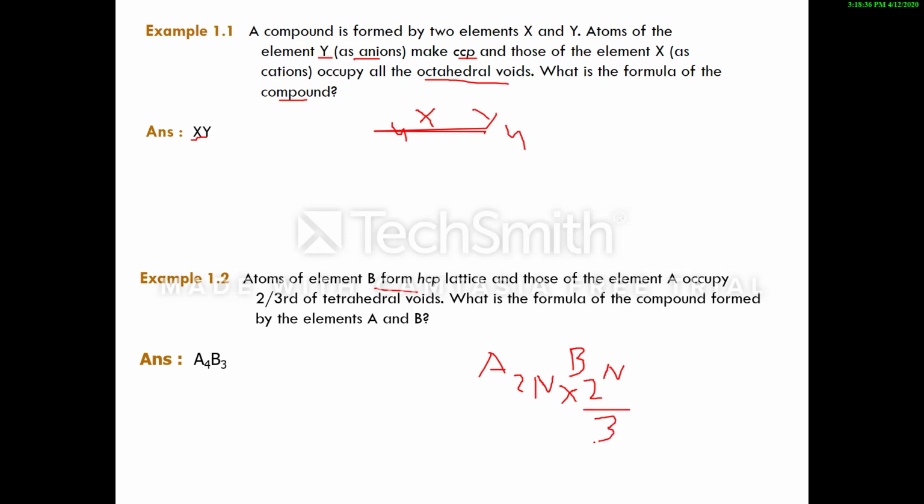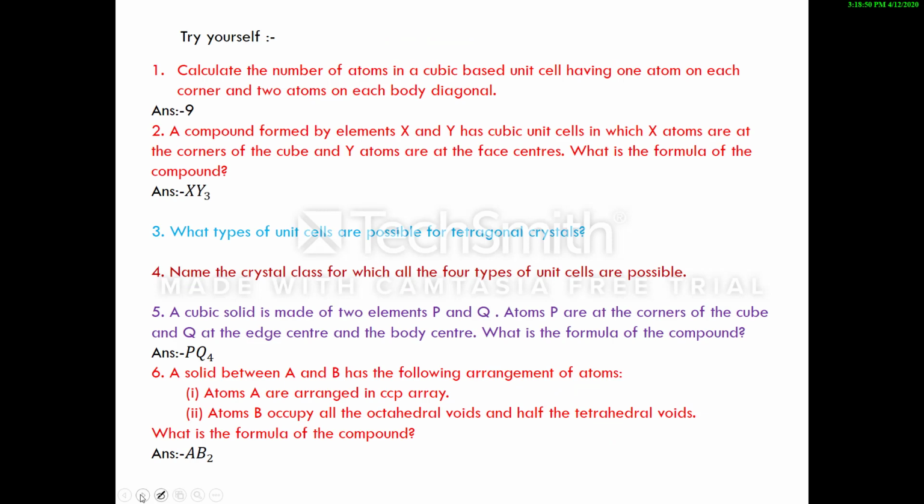Now just find the ratio of this. So this ratio is 4:3, and that's why the formula becomes A4B3. Now try yourself. I have given the answers to some of the questions, but you have to find out how these answers came. Is it clear?